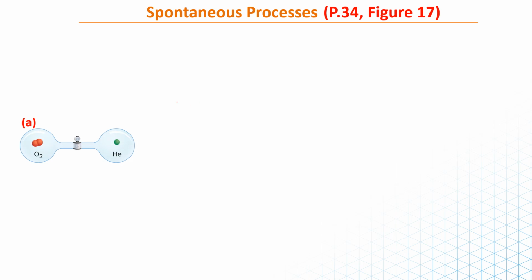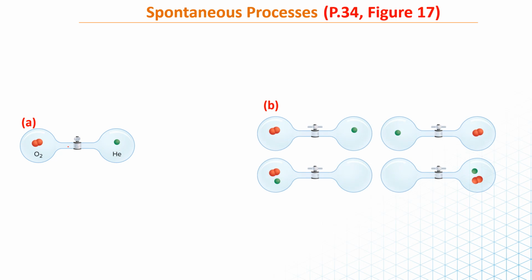So here's an example. Imagine you have oxygen and helium molecules, right? There's a molecule of oxygen and an atom of helium. In A, this one is closed, and here it's opened, right? So which one has more possible ways to be distributed?